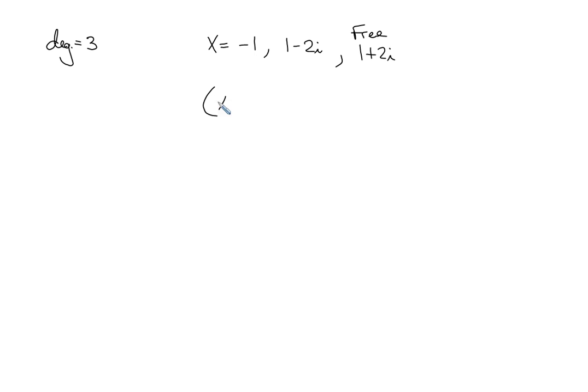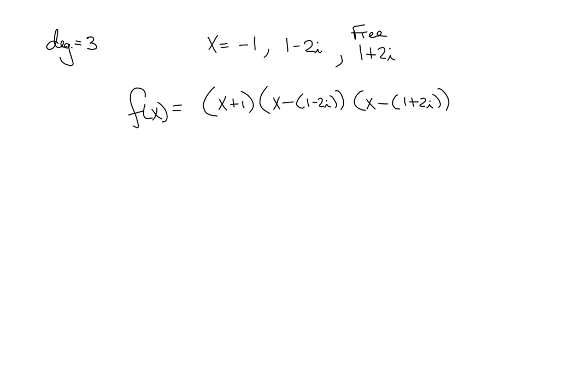And so this would look like x minus negative 1, which is x plus 1. This will be x minus, parentheses, 1 minus 2i. And this will be x minus parentheses 1 plus 2i. And now we just have to multiply this all together in order to get our polynomial. Okay? Which of these parentheses should we multiply together first? Which one do you think?